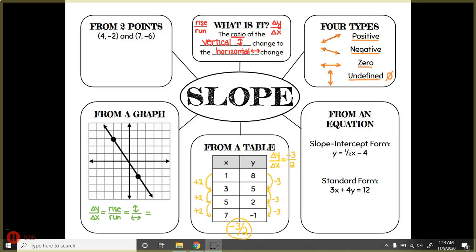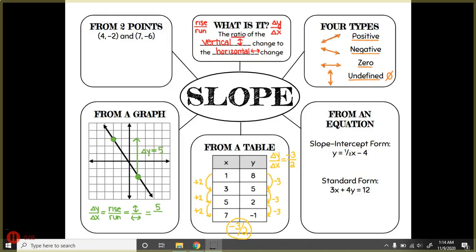You're going to choose a point to start with. If I start with the ordered pair 1, negative 2, and I go up to the point negative 2, 3, I have to go up, so my change in y is going to be positive. I have to go up a total of 1, 2, 3, 4, 5 units. So my change in y is 5.